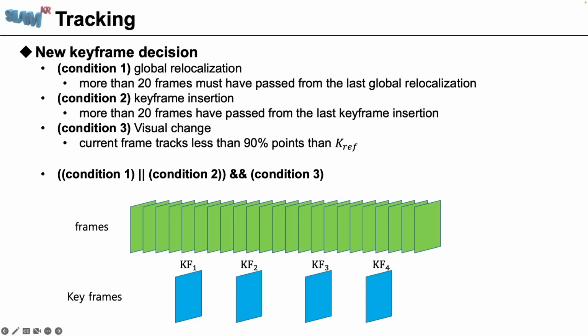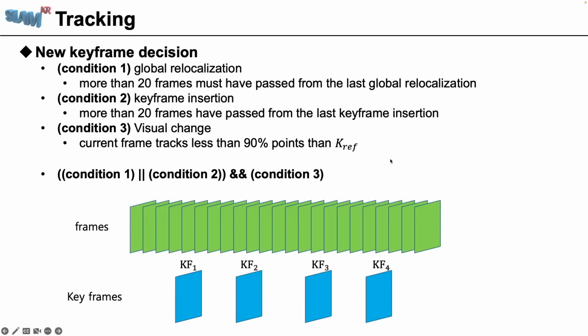So conditions 1 and 2 mean the new keyframe should have enough interval from the last keyframe insertion or global relocalization. And condition number 3: if the current frame tracked less than 90% of the points of the reference keyframe, then we select this frame as a keyframe.